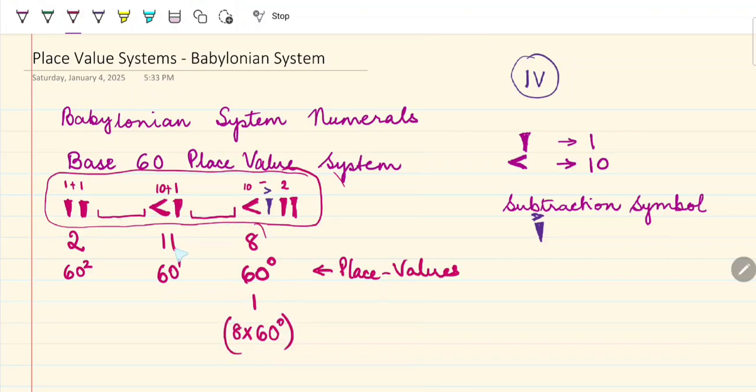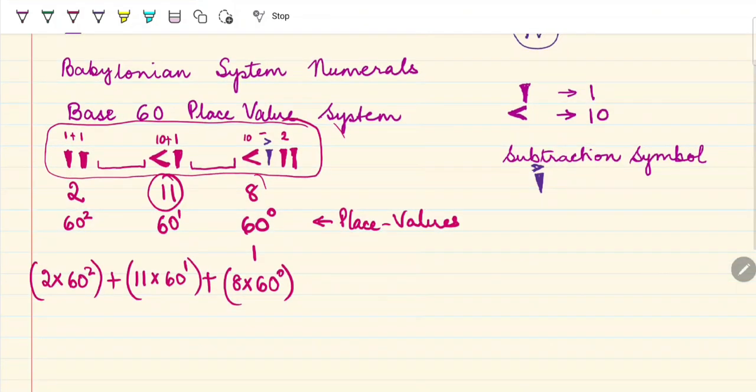The next one to the left has a value 11 for its digit, so it has to be multiplied by 60 raised to the power 1. And then the next value to the left is a 2, so it would be multiplied by 60 squared. All right. And then once we figure out these individual values, we would just add them up to get the final value of this entire set of numerals.